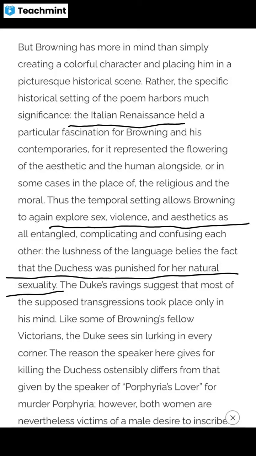That is the point. So here you come to know about a person who has high status, a higher rank, one who is the governor of the state: the Duke of Ferrara, Alfonso, of the Italian Renaissance, 16th century.